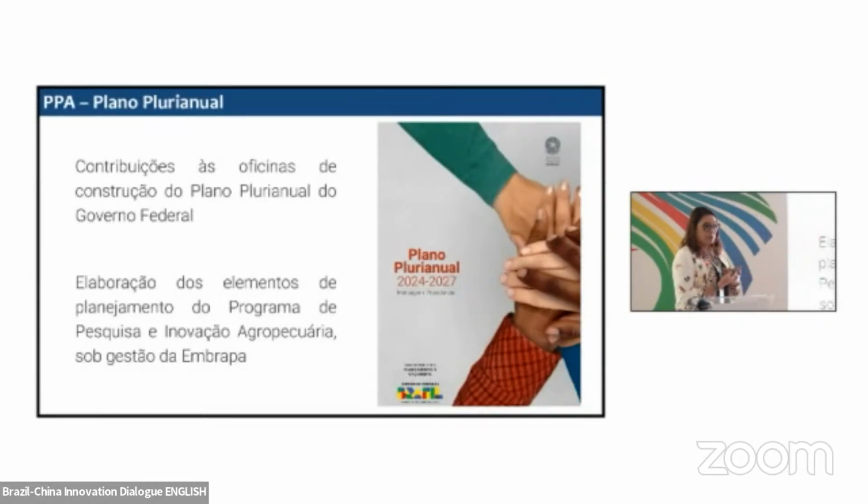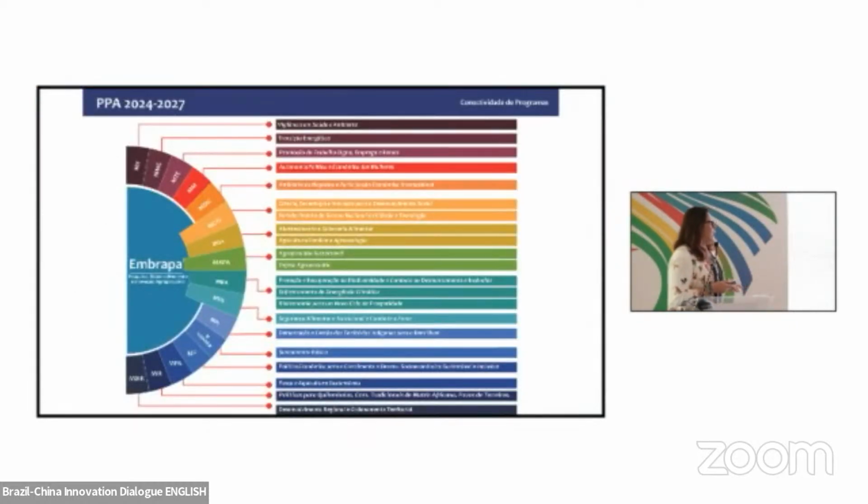And we try to have this alignment because in the PPA, Embrapa has a specific program, a research and innovation program for agriculture. So in each of the processes of review of the pluriannual plan, we do a strategic alignment with the actions of the executive power of all the ministries.